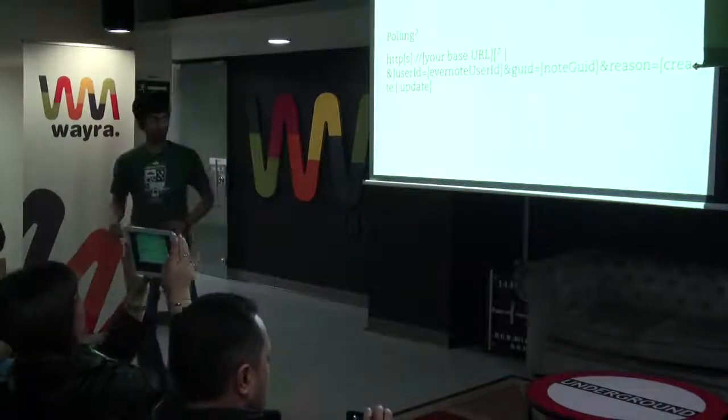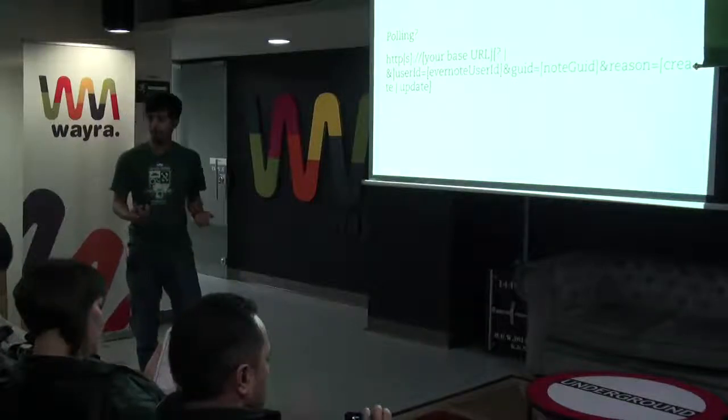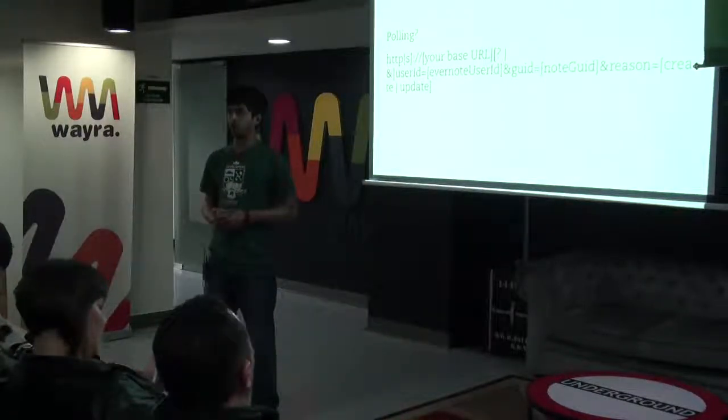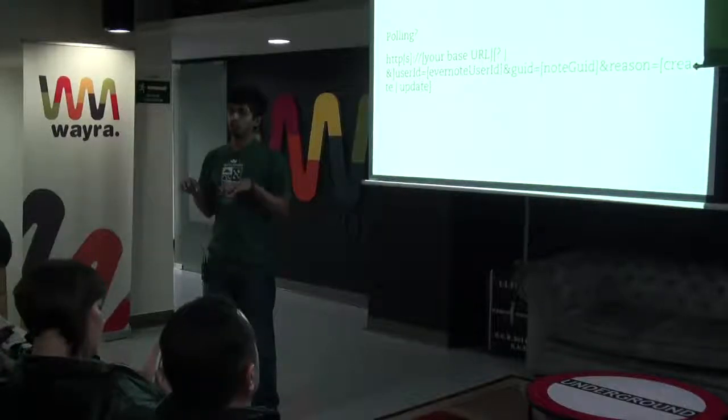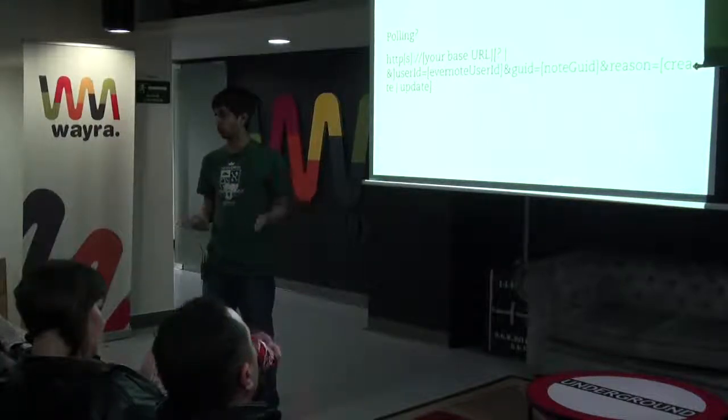It's a really nice tool to have for an app, because it can enable really interesting use cases, like doing something based on whether a note has a certain tag. You can do that using webhooks.